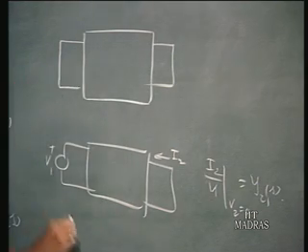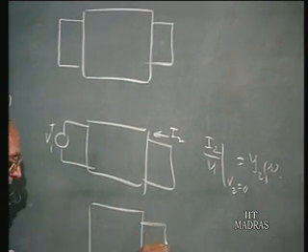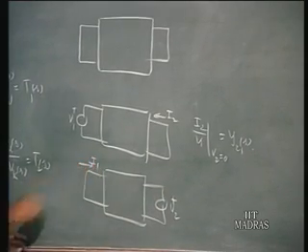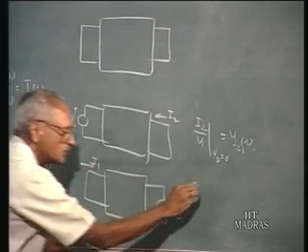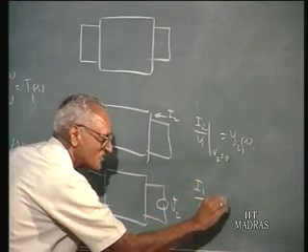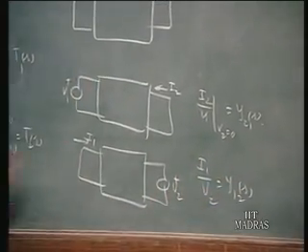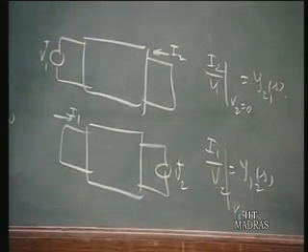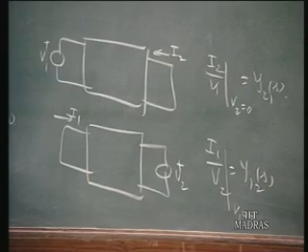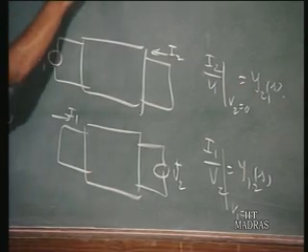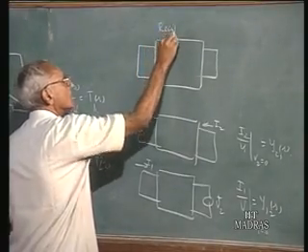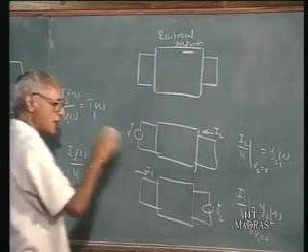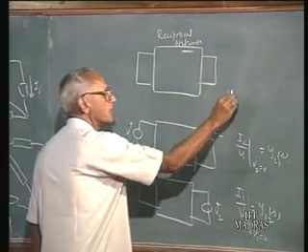Now, in this raw form of the network, suppose I introduce a voltage V2 here, and measure the current response here, I1. Then I1 by V2 is Y12 of S, when V1 is 0. This is how we define this. So, if this is a reciprocal network, Y12 must be the same as Y21. If this is a reciprocal network, it satisfies the reciprocity theorem, Y12 is equal to Y21.